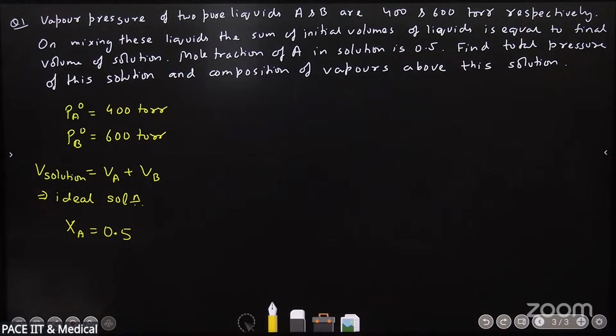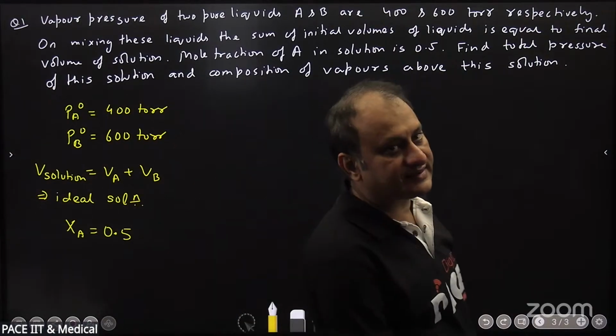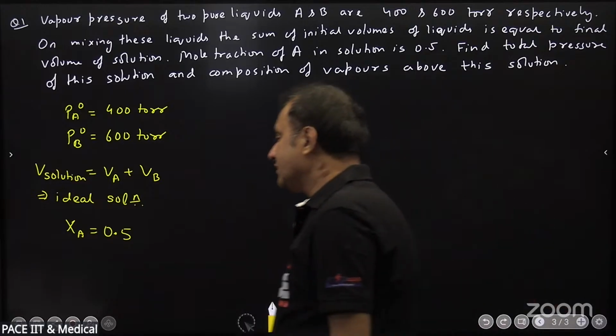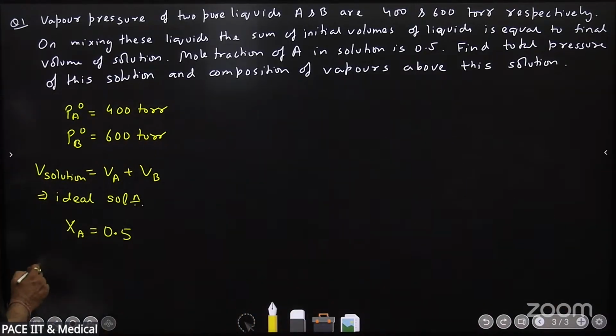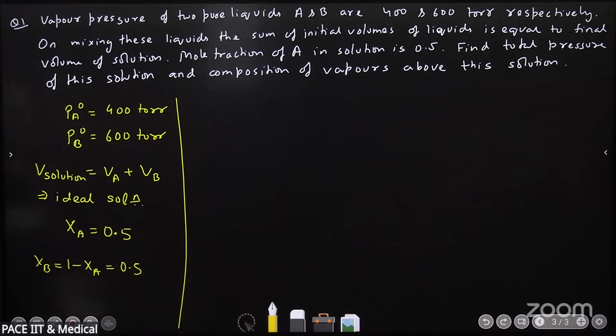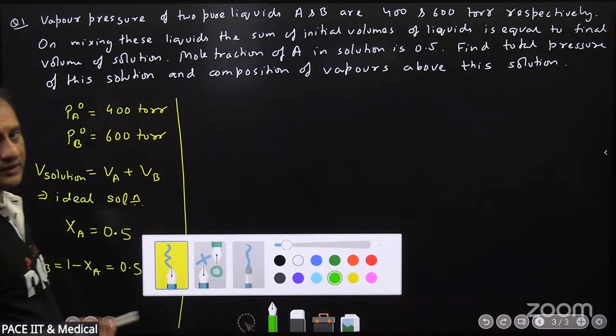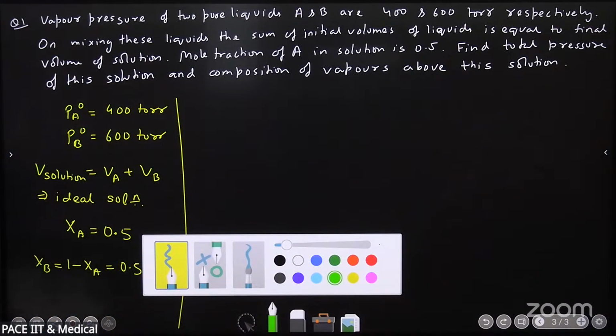In the liquid solution mole fraction is given 0.5. It means XA is 0.5. So we can calculate XB also. XB will be 1 minus XA. That is also 0.5. This much data is given. Once we realize this much is given, now we have to just apply the relevant equations.